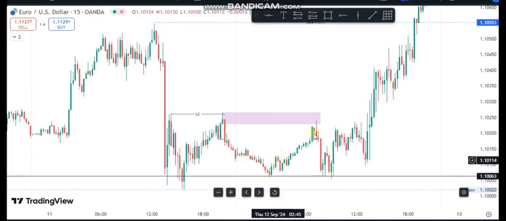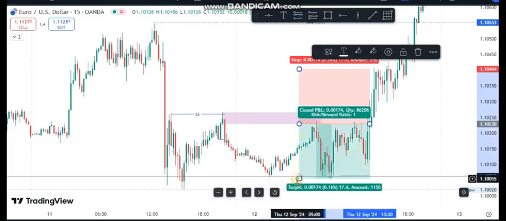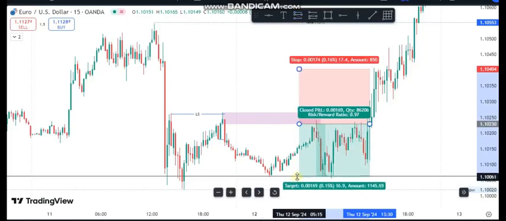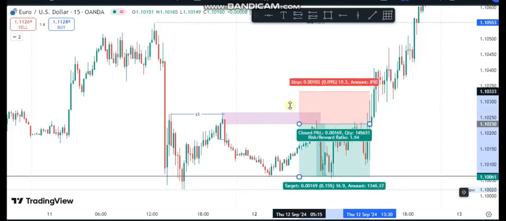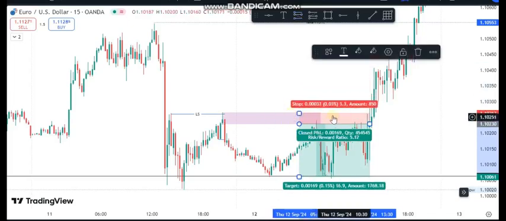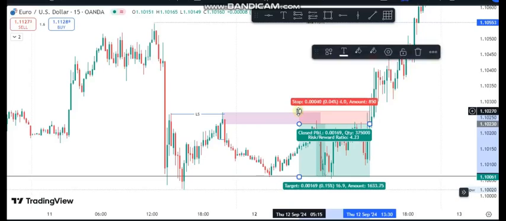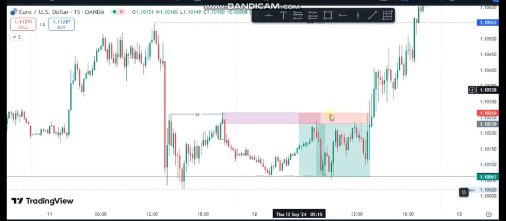So you see the price came and reacted to it, and that's where I will be taking my entry without any other confirmation, because I've gotten my liquidity sweep, a change of character, and price came back to react to it. Don't forget the wick of the order block is where I'm putting my stop loss, just there. And my take profit is that place I told you I'd be putting my take profit.